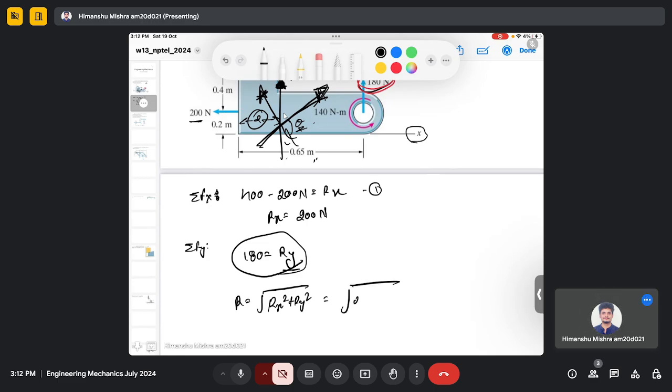So it will be 200 square plus 180 square. So calculating this, we will get the resultant force, which is 269 Newton.